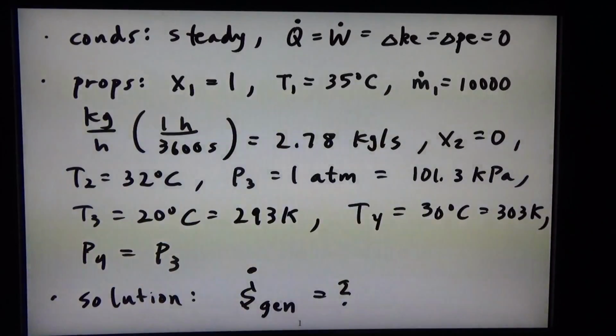Alright, so this is the heat exchanger problem. What we can do to speed the problem up a little bit is look back at some of the examples and the notes that I gave on heat exchangers and just pull out the equations that we find the most useful. So if we look for the mass balance on a heat exchanger as the system, that would be a multiple inlet, multiple outlet system.